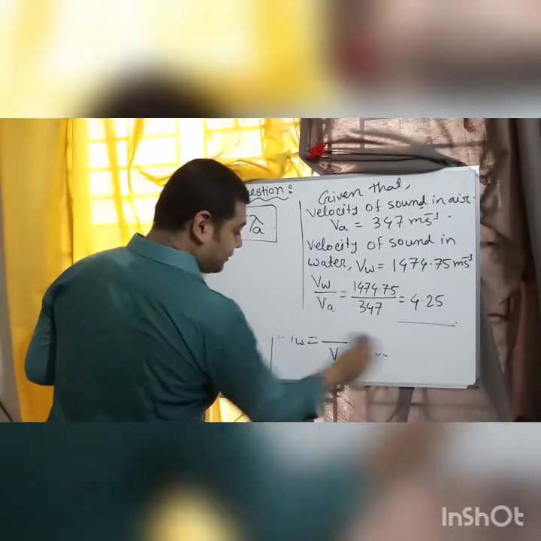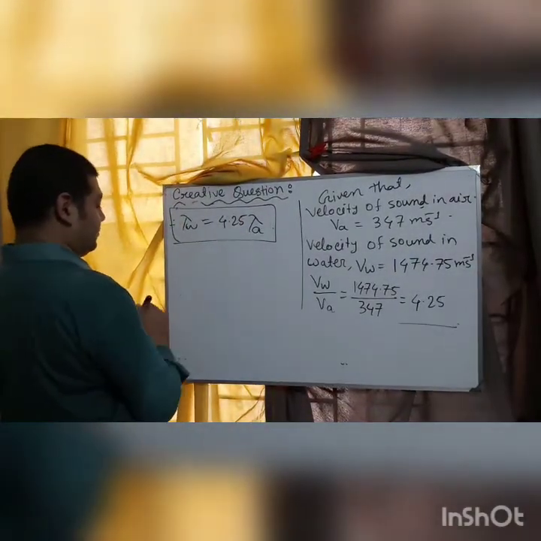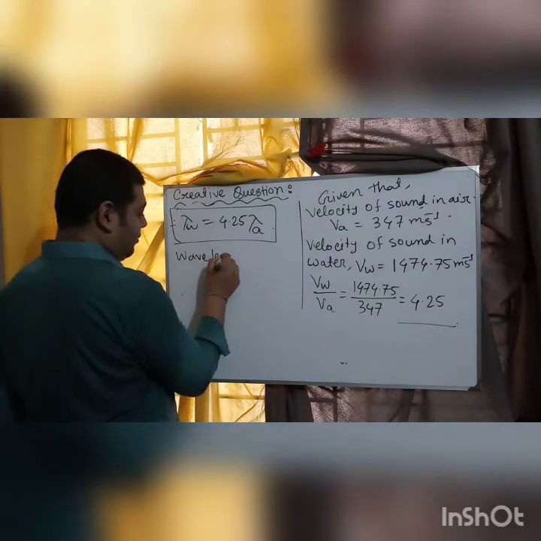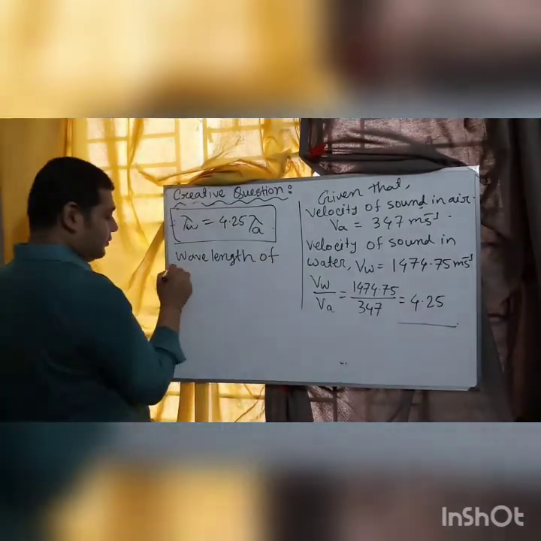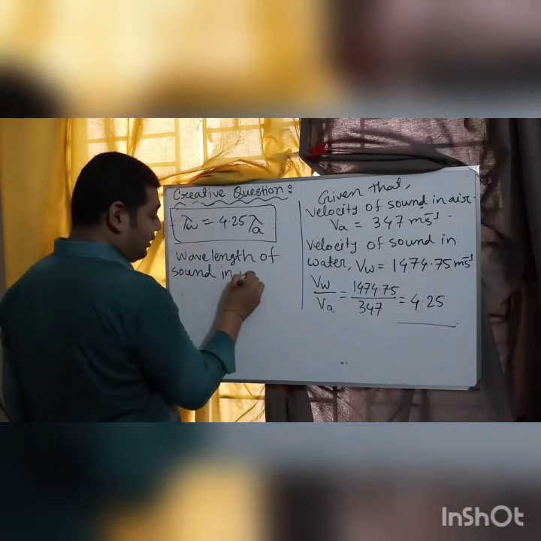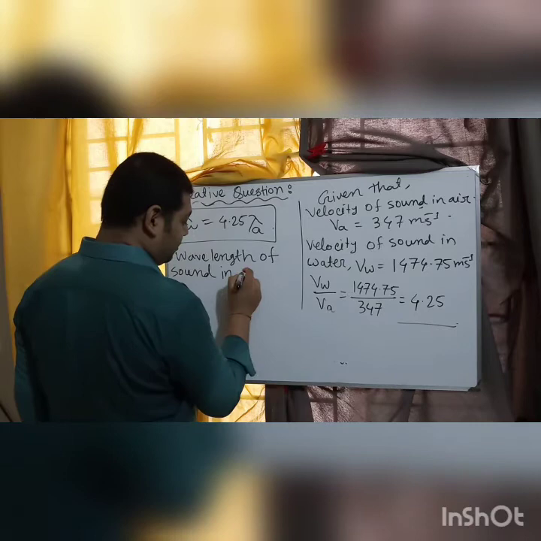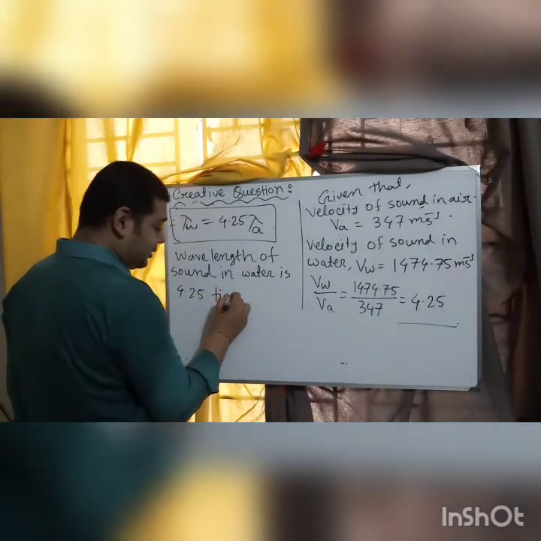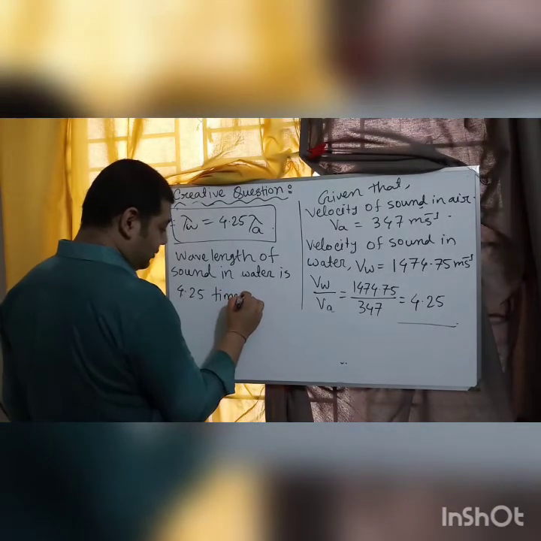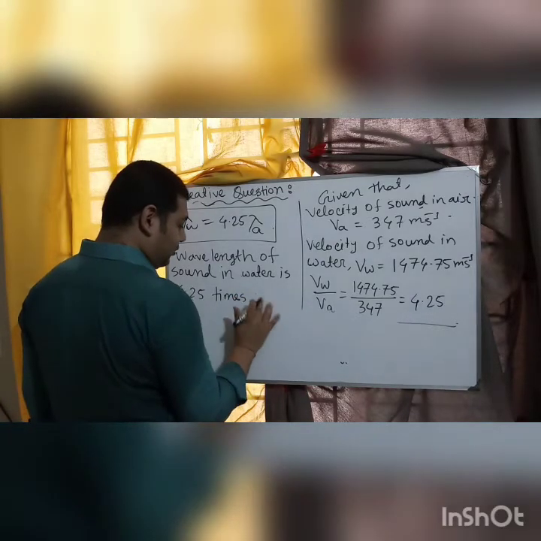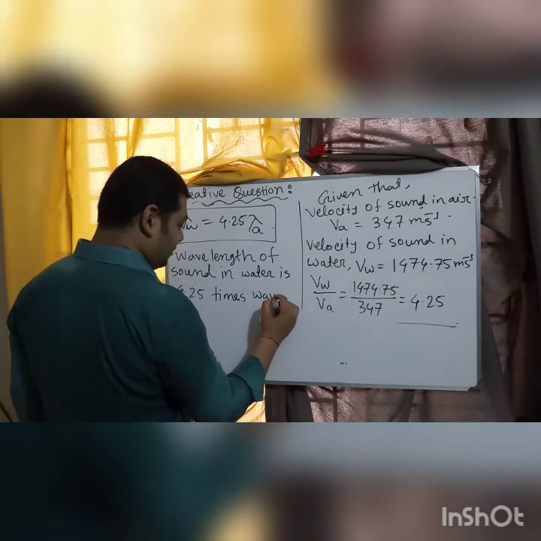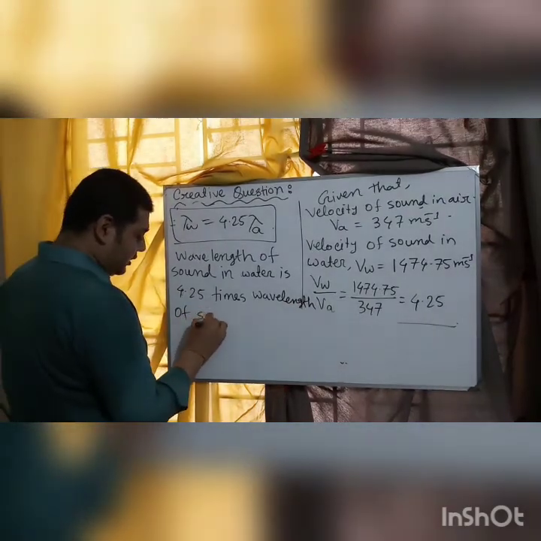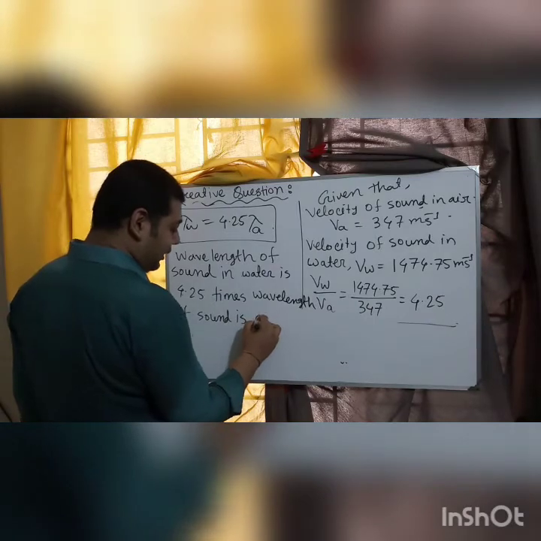So we can write: wavelength of sound in water is 4.25 times wavelength of sound in air.